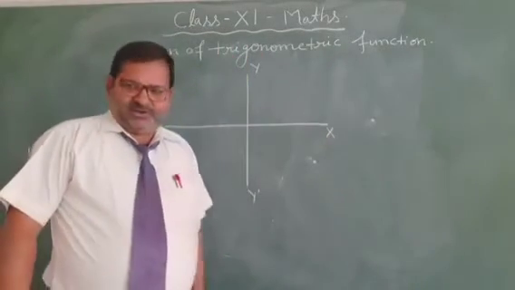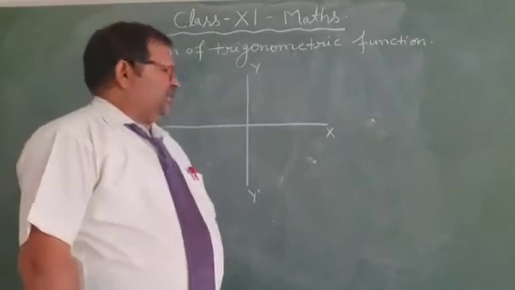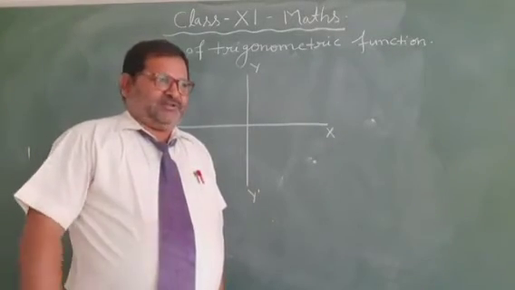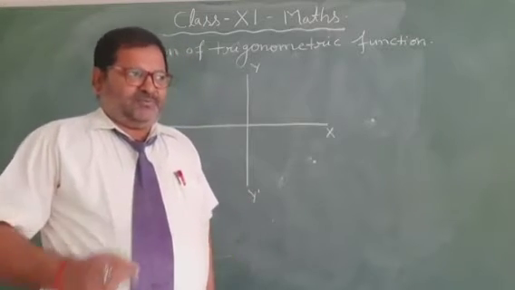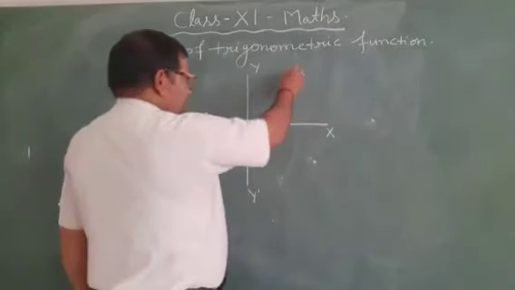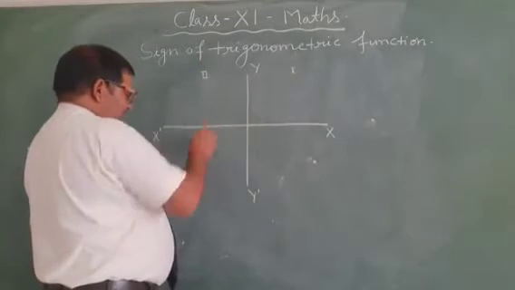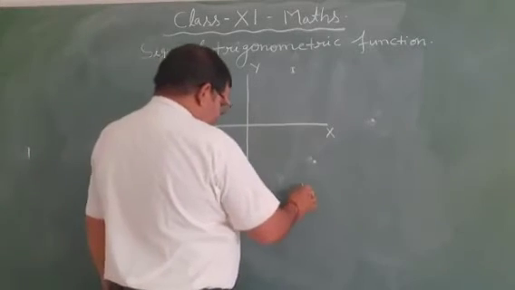Now today we discuss the sign of trigonometric function. This is the sign convention, and the sign of trigonometric function in the first quadrant, second quadrant and third quadrants, also in fourth quadrant.